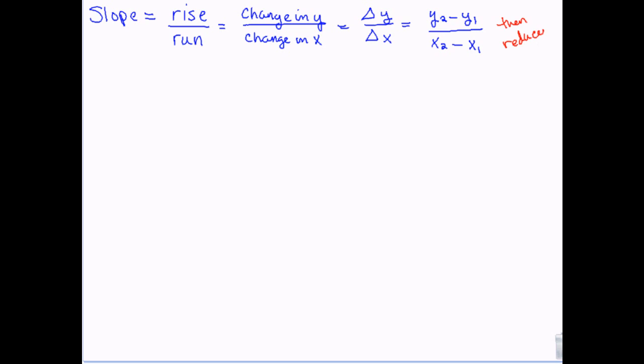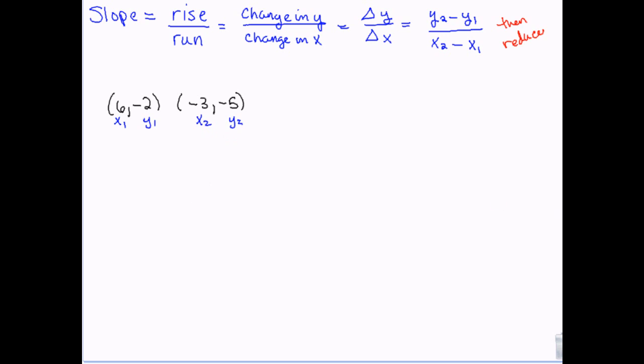Does anybody need to see some examples of problems? Nobody wants to? Okay. So if I have two random points that I'm taking out of the book, I can call either of them x1, y1, x2, y2.